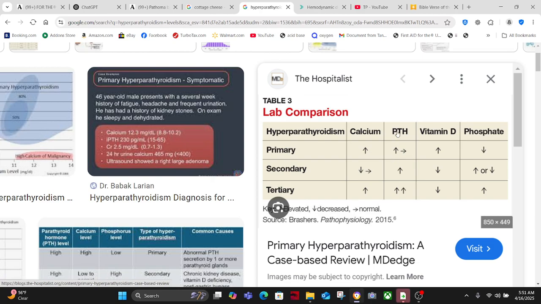And whenever PTH is high, phosphate is low. Except for rare cases, there are exceptions, but generally when PTH is high, phosphate is the other way around.